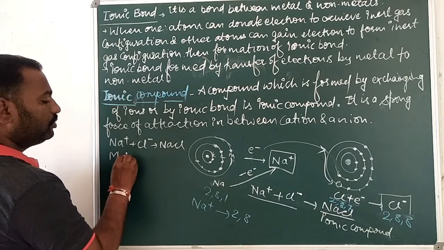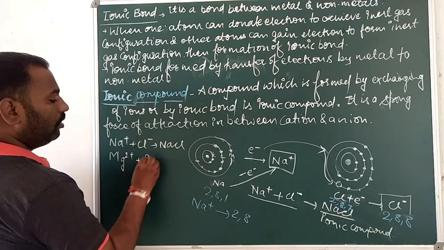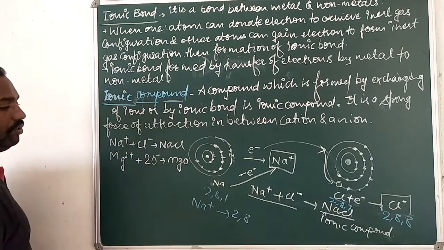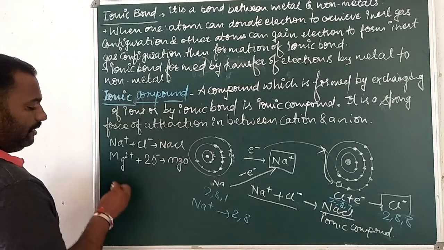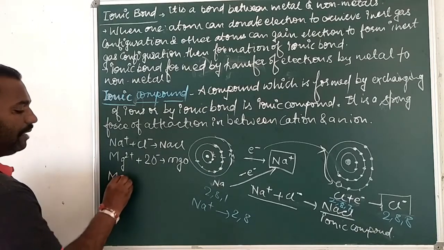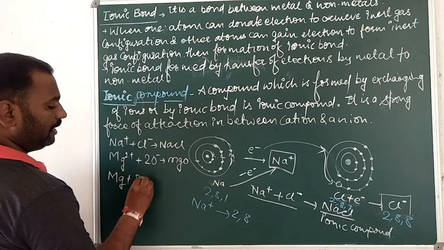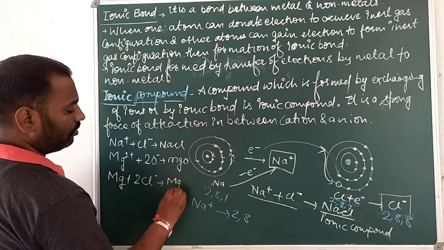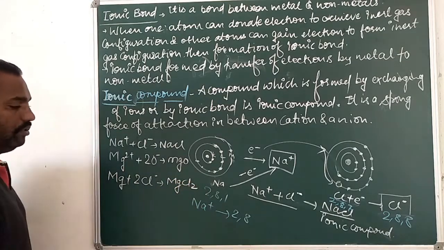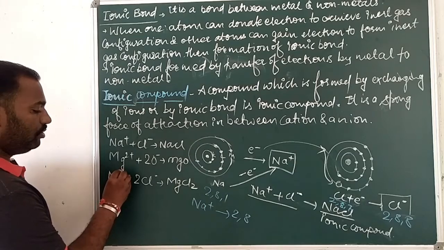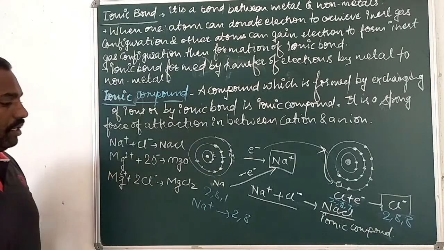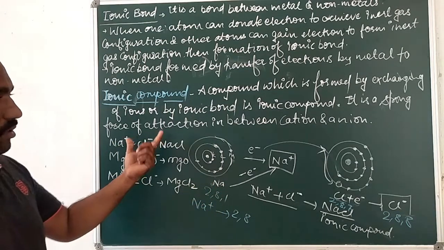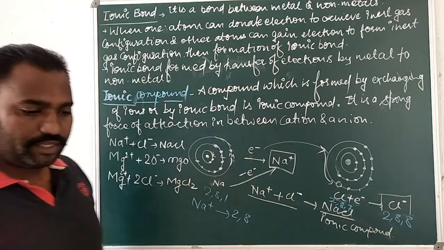Then Mg2 plus and O2 minus form MgO. Then MgCl2 is formed from Mg2 plus and 2Cl minus, because here there is one Mg and two Cl, with 2Cl minus and Mg 2 plus. So these are the ionic compounds that can be formed by ionic bonds.